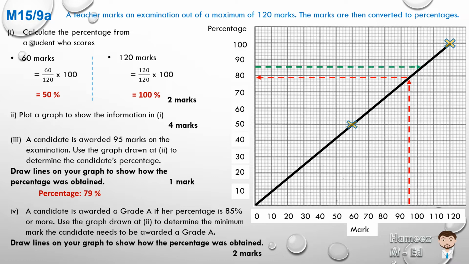And let's draw a line going across in green, the arrow at the end showing that we're moving to the right until we hit the black line. And then we come downwards, and that will tell us our mark that's required. That mark and anything above that will give us a grade A. So the minimum mark required is 102 out of the 120.